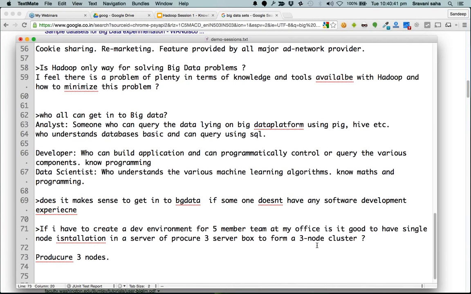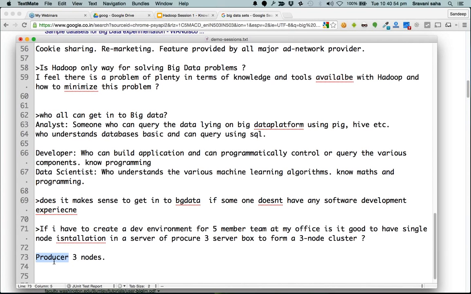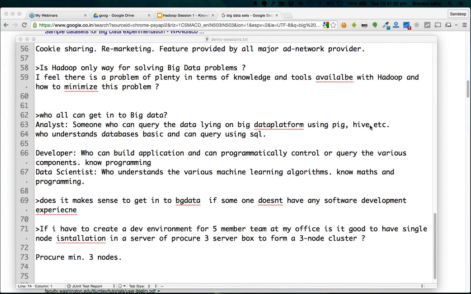So my strong advice is to procure a minimum of 3 nodes. That will be my advice to you.